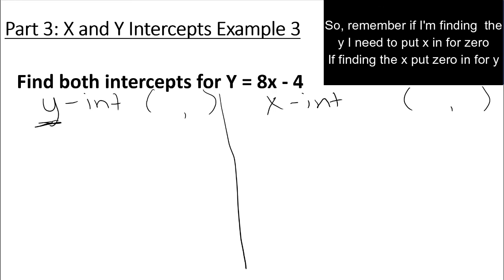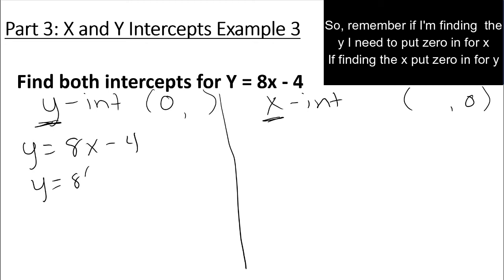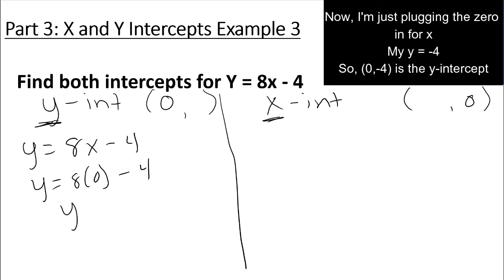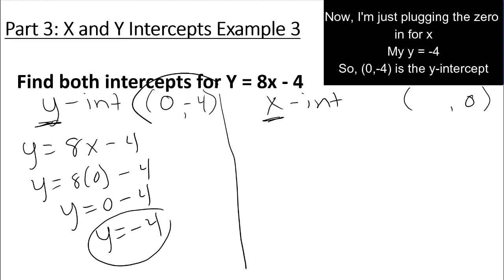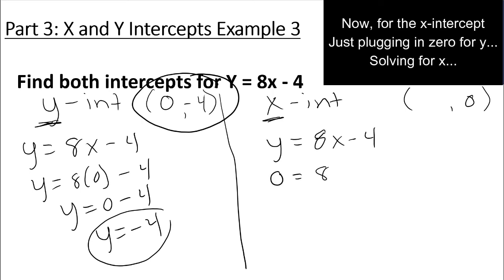So remember, if I'm finding the y, I need to put 0 in for x. If I'm finding the x, put 0 in for y. Now I'm just plugging the 0 in for x. My y equals -4. So (0, -4) is the y-intercept. Now for the x-intercept, just plugging in 0 for y, solving for x.